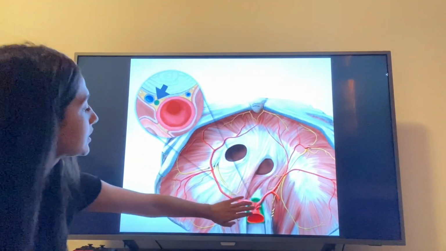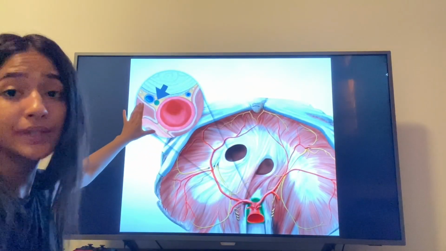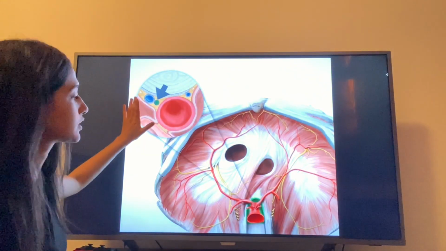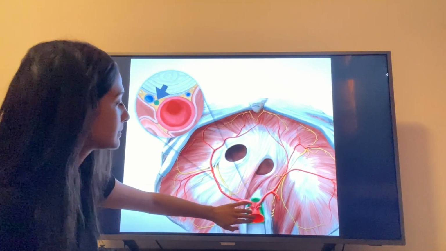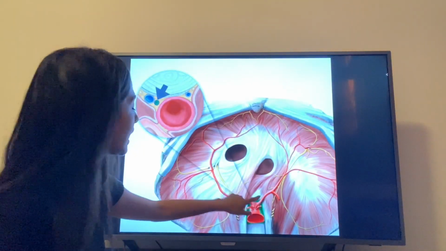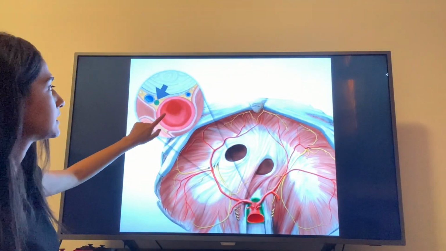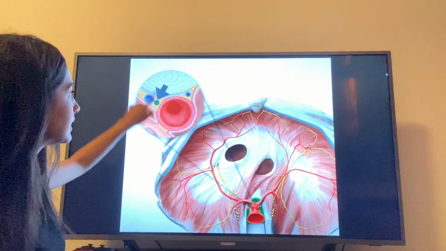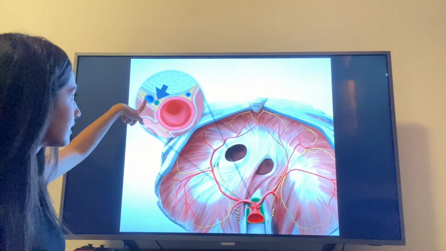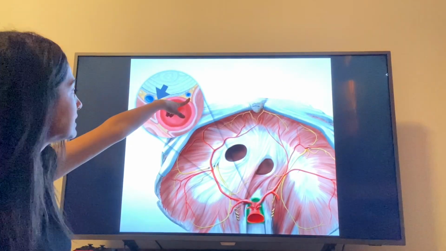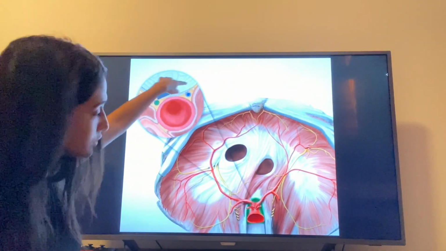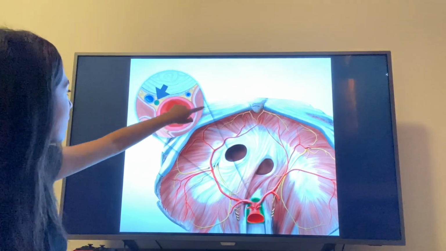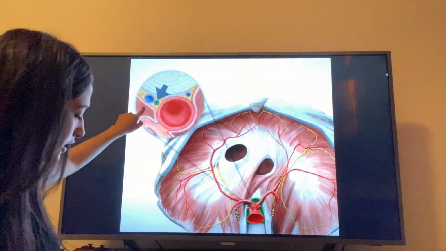Here, I want to repeat this since it is really important. The structures passing through the hiatuses. To be more specific, through the aortic hiatus passes the aorta, the azygous vein, and the hemiazygous veins. These are the most important structures that are passing through the aortic hiatus.